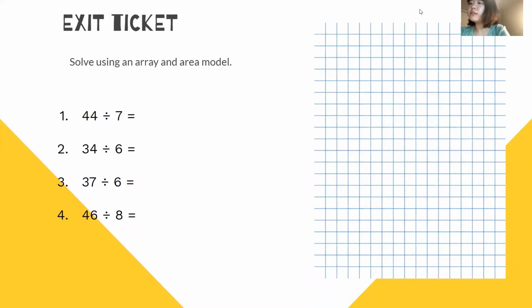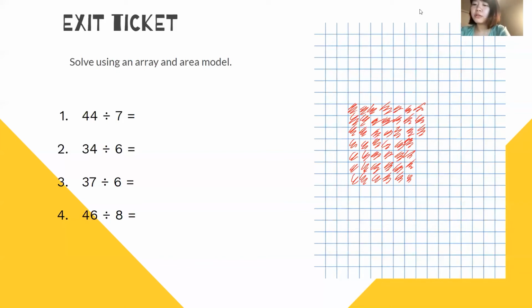So we can start from here. 1, 2, 3, 4, 5, 6, 7, 8, 9, 10, 11, 12, 13, 14, 15, 16, 17, 18, 19, 20, 21, 22, 23, 24, 25, 26, 27, 28, 29, 30, 31, 32, 33, 34, 35, 36, 37, 38, 39, 40, 41, 42, 43, 44, 45, oops, I drew 1 extra. Okay, 44. We have 44 right here.